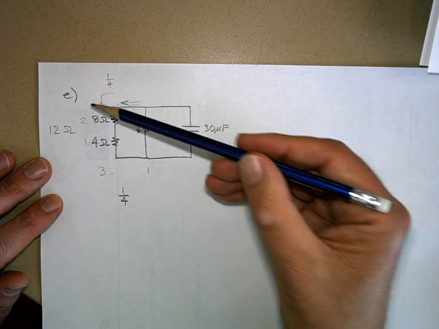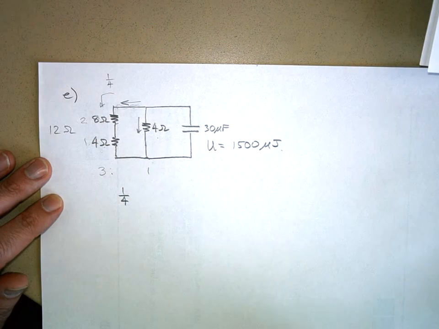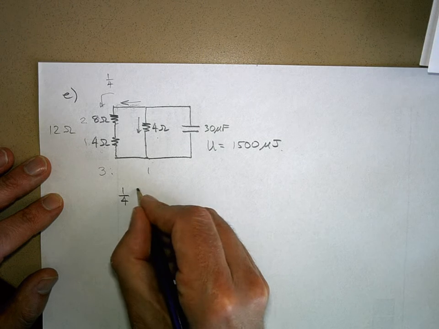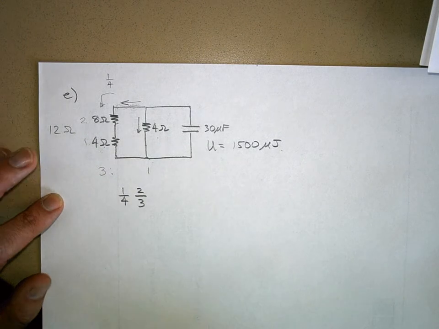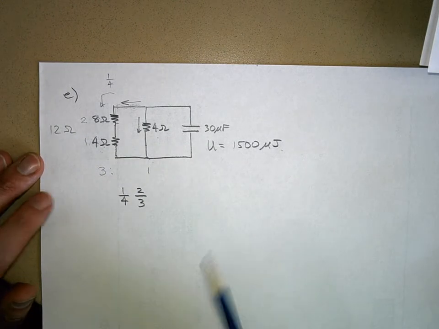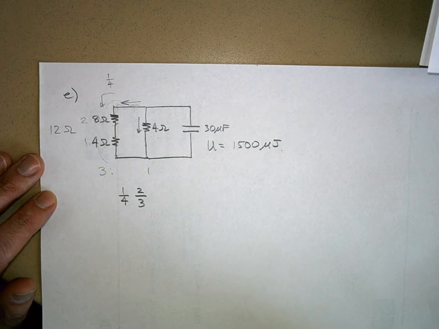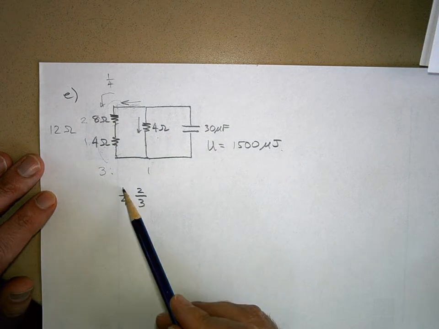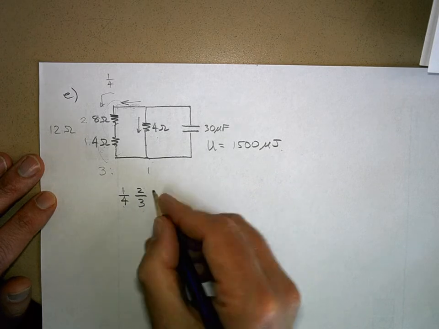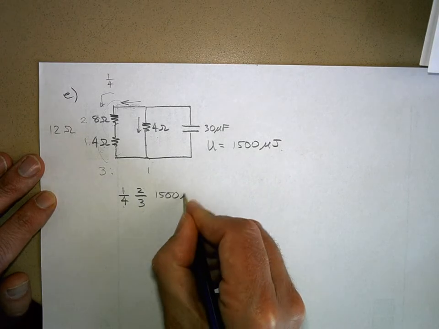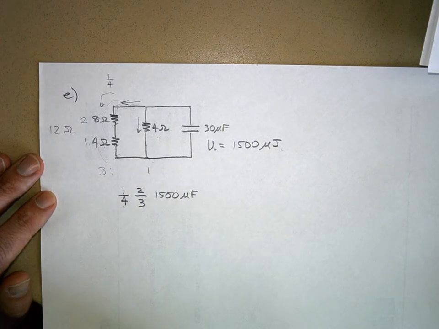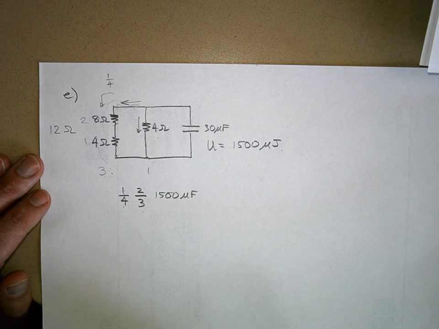So 2/3 of the energy dissipated by this branch is going to be dissipated through the 8 ohm resistor. So basically, if you go 1/4 times 2/3 of 1,500 microjoules, you'll get it.